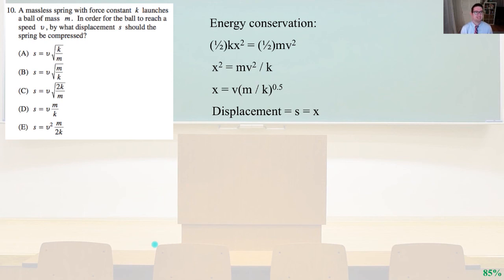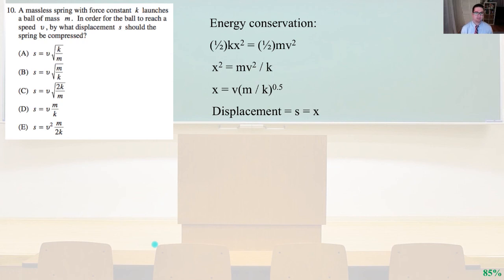So number 10, a massless spring with the force constant k launches a ball of mass m. In order for the ball to reach a speed v, by what displacement s should the spring be compressed? We're going to apply the energy conservation principle here. The energy of the spring, 1/2 kx squared, equals the kinetic energy of the ball, 1/2 mv squared.